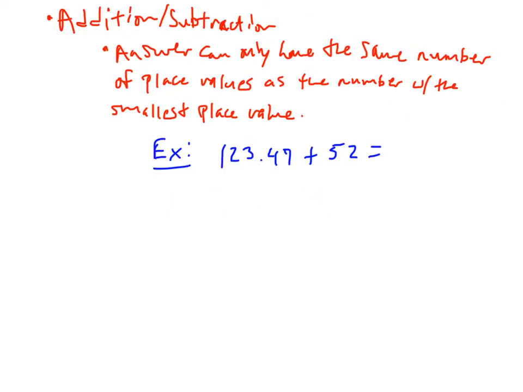Okay, so now the addition-subtraction rule. This rule says that the answer can only have the same number of place values as the number with the smallest place value. So if we look in our example, we have 123.47 plus 52. Looking at both numbers, let's do the 123 number first.